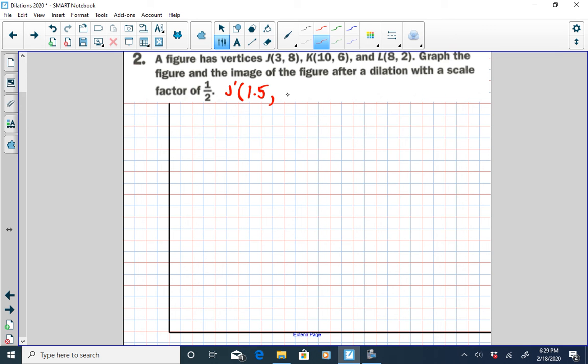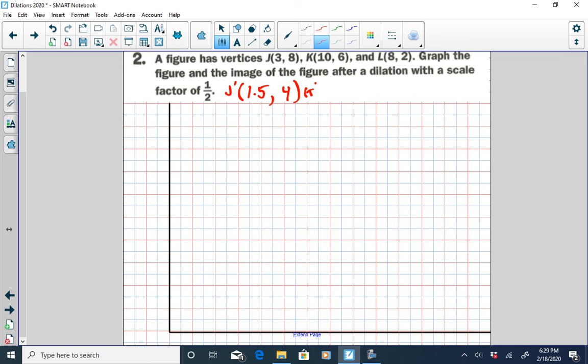Take 1/2, multiply by 8, and I get 4. So if J is located at 3, 8, J prime is located at 1.5, 4. I take each of the values, x and y, and multiply them by my scale factor. And because the scale factor is less than 1 but greater than 0, we're looking at a reduction.